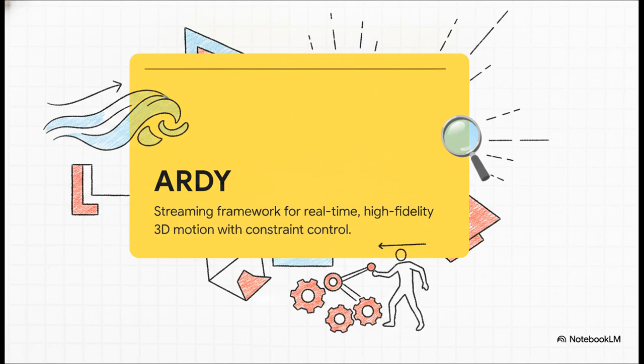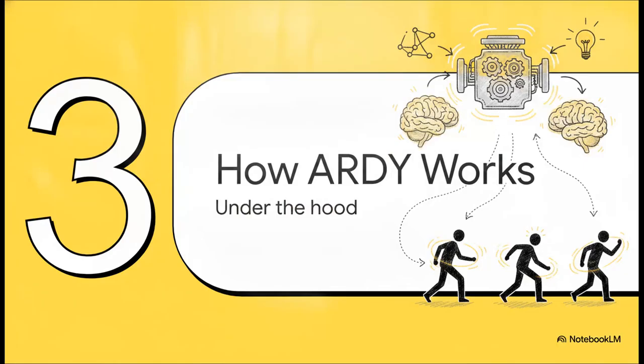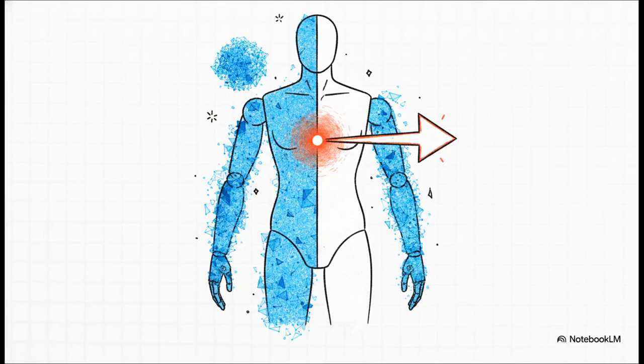But how exactly does it do this? Let's look under the hood in Section 3, how ARDY works. So there are two major architectural breakthroughs making this real-time magic possible. The first one is what the researchers call a hybrid representation. Basically, instead of trying to process the entire 3D human body as one massive, complicated data stream, ARDY dynamically splits the human motion into two distinct components.